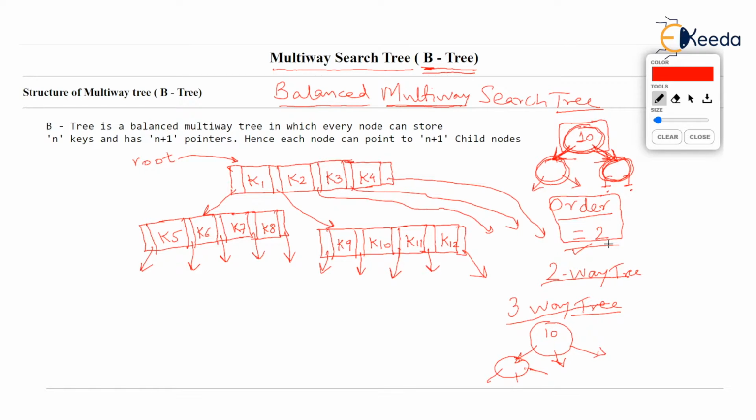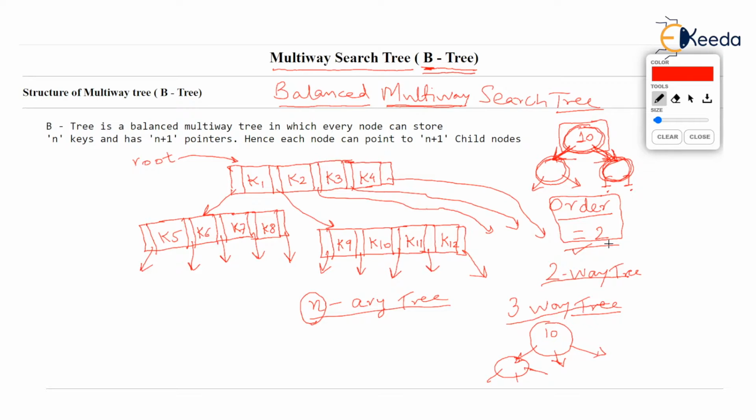In general, we say that a tree is n array tree. Just keep n as 2 for some time here. If you keep n as 2, it will be 2 array tree. 2 means binary, isn't it? So if you keep n as 2, the order is 2.